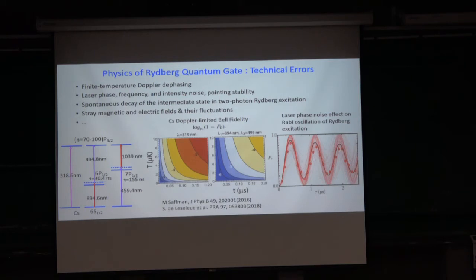Atoms, although they are cold, are still moving around, even at a few microkelvin. If you shine this laser to excite them, there is some Doppler shift, which will cause phase fluctuation. So the finite atomic temperature will still cause some infidelity or error.